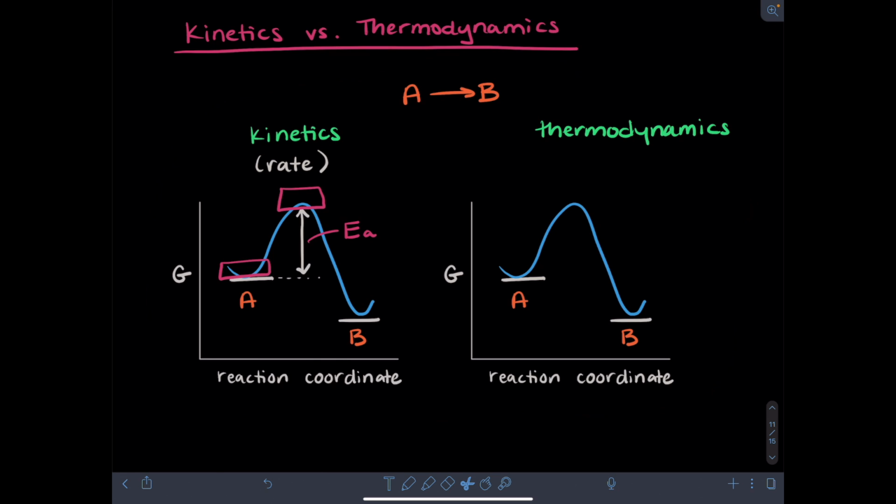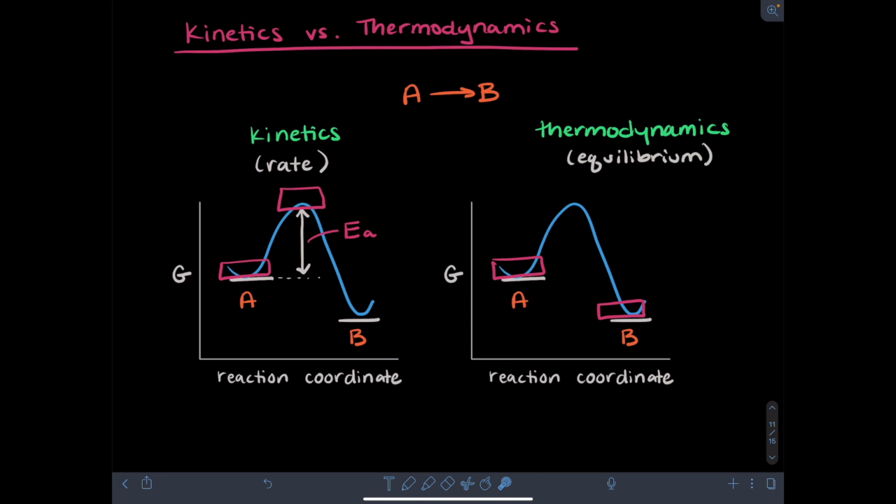This energy is the activation energy. And the higher the barrier, the slower the reaction. Notice that the energy of product B does not matter at all for kinetics. In contrast, thermodynamics is looking at equilibrium.